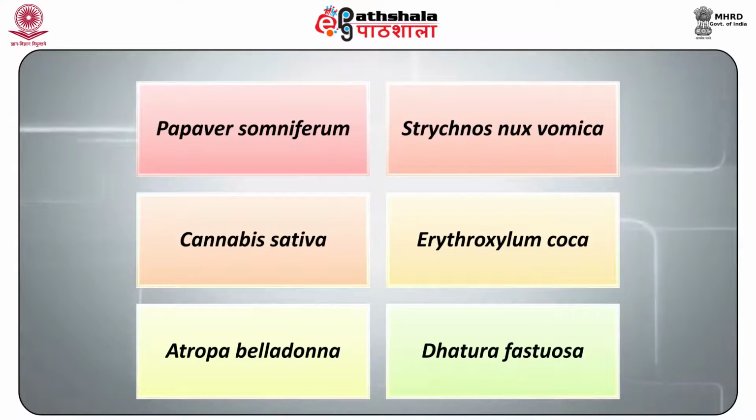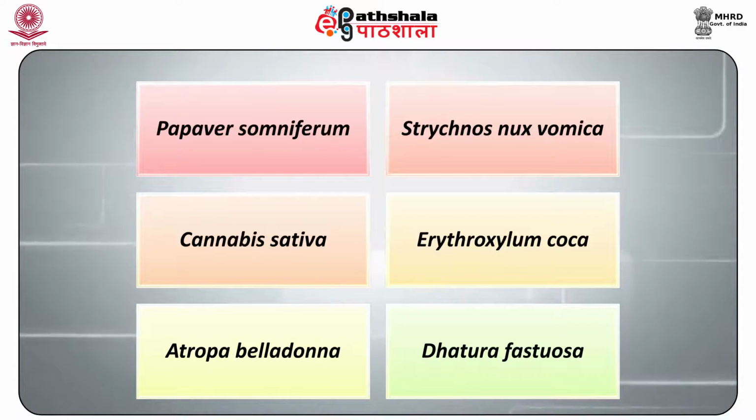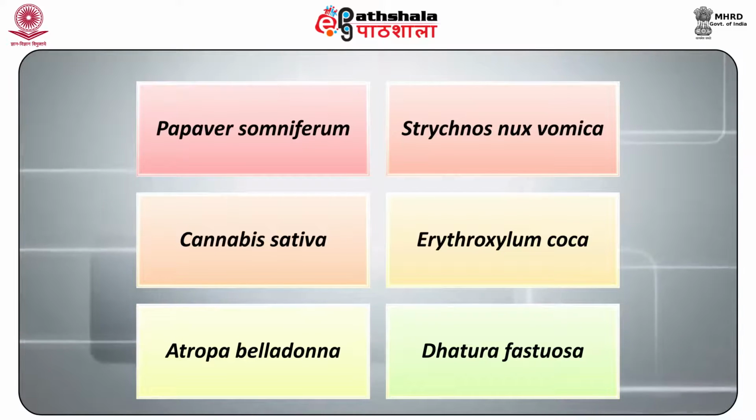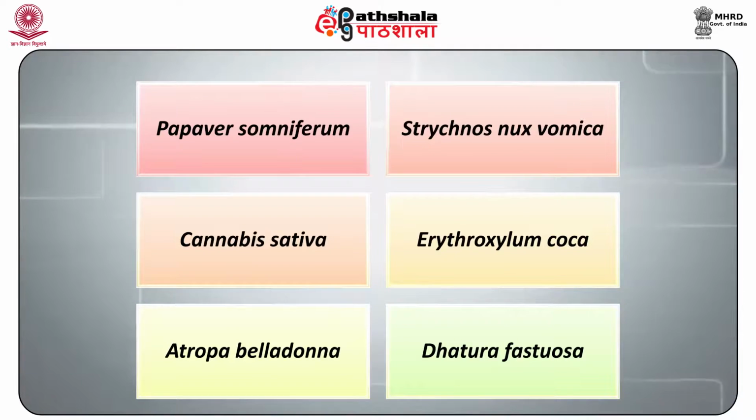Examples include Papaver somniferum, Strychnos nux vomica, Cannabis sativa, Erythroxylum coca, Atropa belladonna, Datura fastuosa, etc.